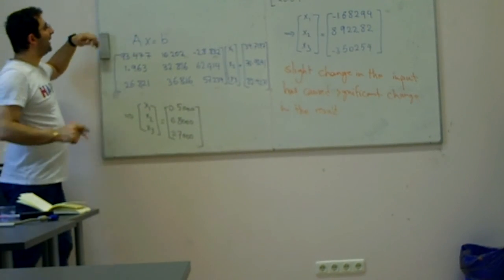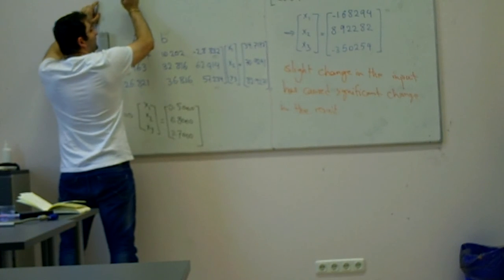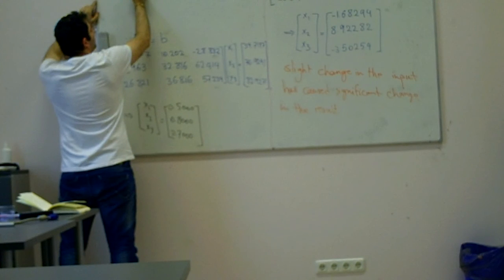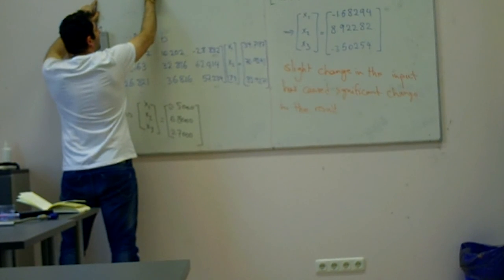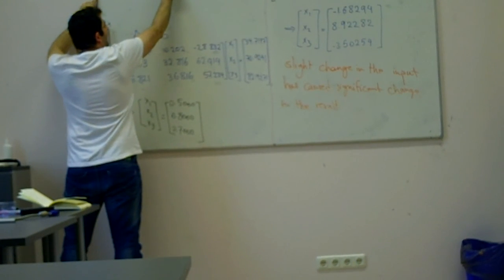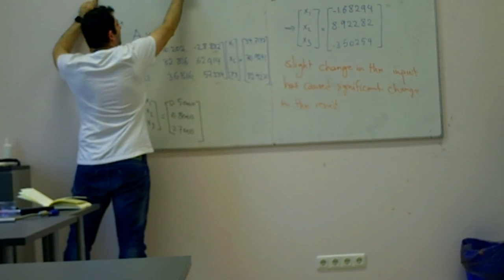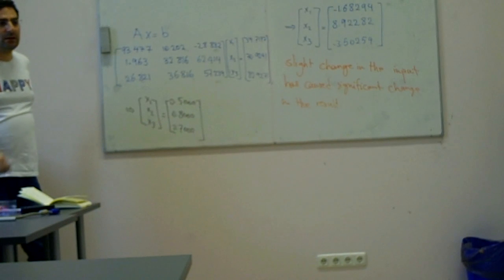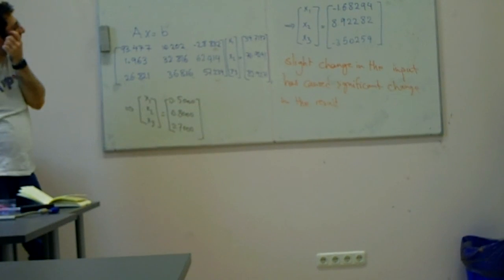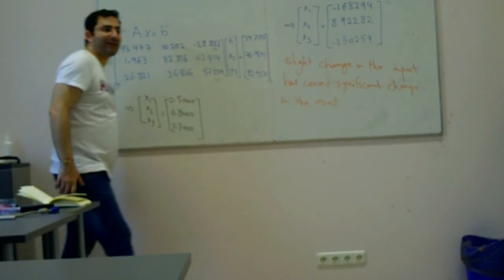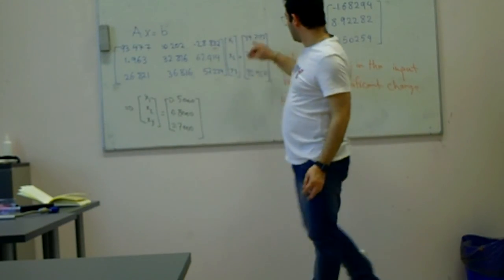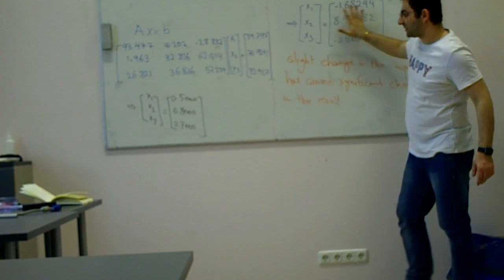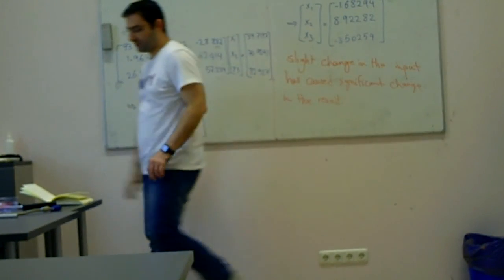So write that one, and then do this: kappa is equal to S11 divided by S33. Look at the result, and you see the result will be a big number, which means that we have a very ill-conditioned system, which means that very slight changes result in totally different numbers.